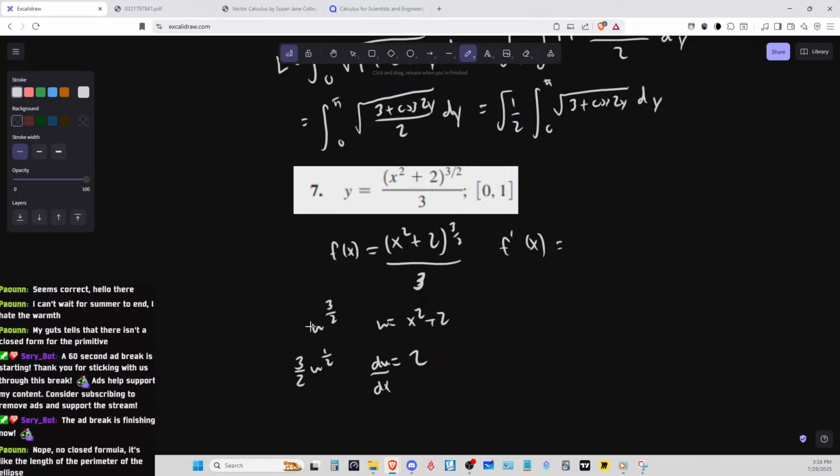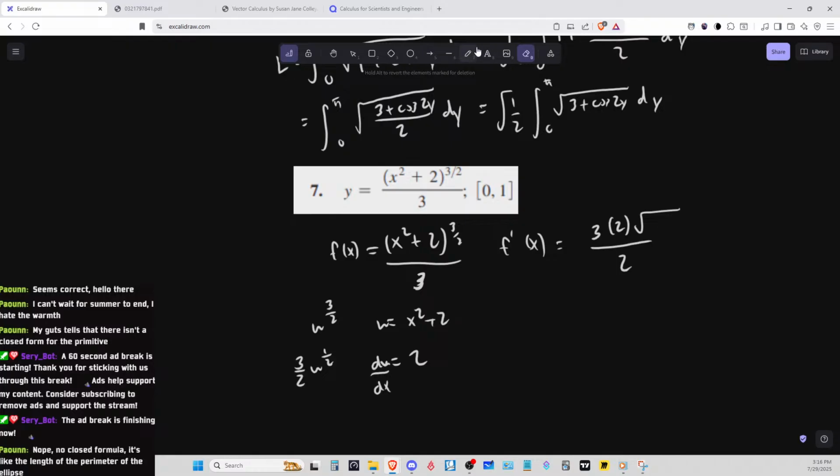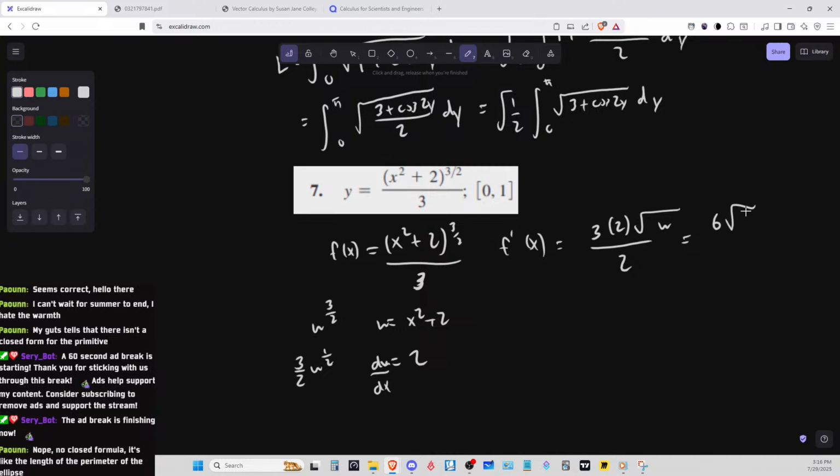So we're left with times 2 square root of u, which in turn is 6 times x, which leads us to, okay, I think that's about right.